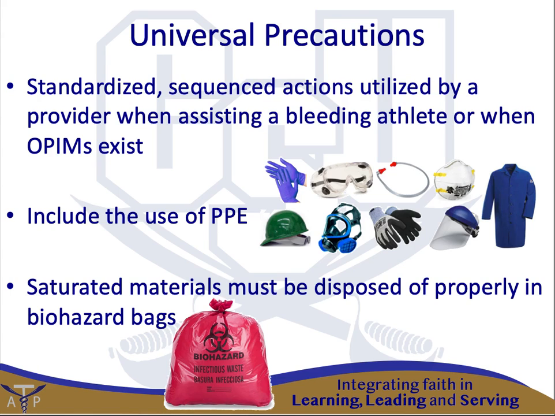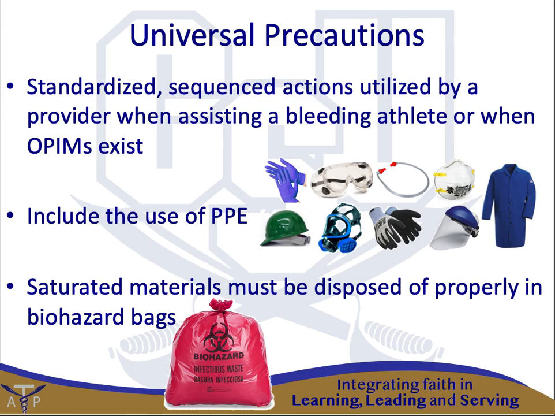In order to prevent employees from exposure to bloodborne pathogens, we need to follow universal precautions. Universal precautions are standardized, sequenced actions utilized by us as the employee or the caretaker of an athlete when there could be transmission of bloodborne pathogens. Universal precautions include the use of personal protective equipment that we talked about before, and personal protective equipment must be included in our facility's first aid kit.